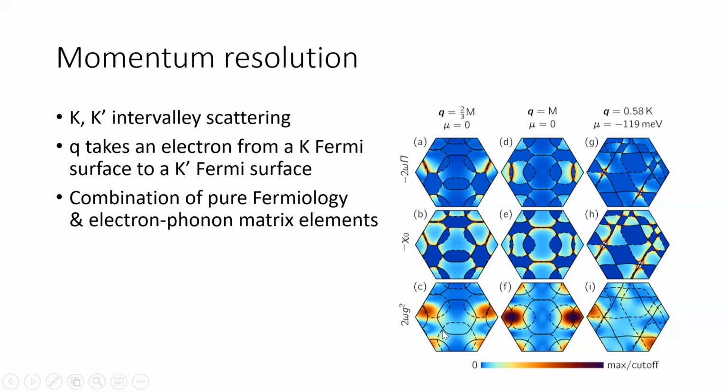The second ingredient is the electron-phonon coupling, and here I show G squared, which clearly is localized in a single spot here and symmetrically a single spot here. And it's the product of these two that ends up being the phonon self-energy, and ends up being really localized in a single spot.